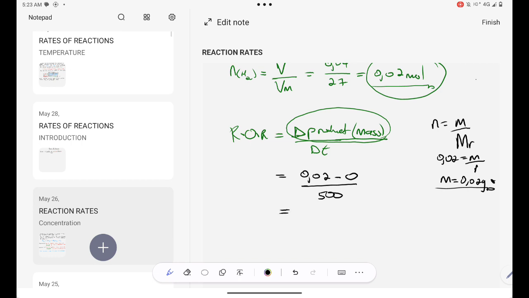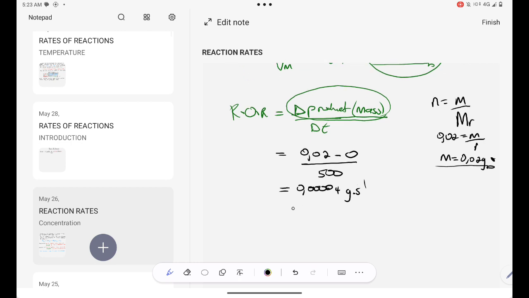Whenever I do so, I'll get an answer of 0.00004 grams per second. Or, if your calculator is in scientific mode, that's 4 times 10 to the power negative 5 grams per second.